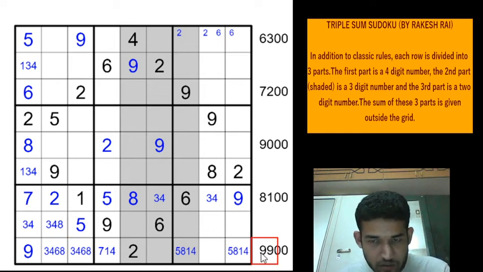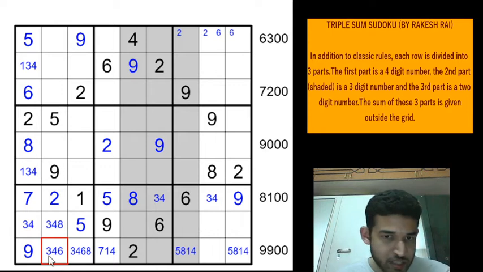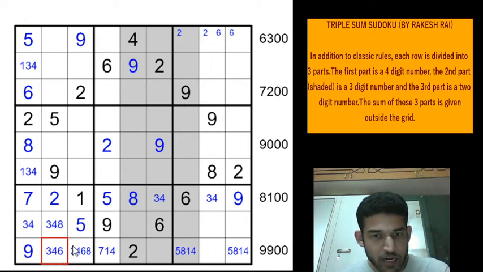Now we'll make use of the 9900 total to force some more digits. We can be sure that 8 cannot be here because 9800 plus 200 something will be reaching us to 10,000. So you can't have an 8 here. And using similar logic in the opposite direction, you can easily eliminate 3 and 4 as possibilities, because the maximum total you can attain by using 9, 4 as the starting digits of the 4-digit number is somewhere around 9800.